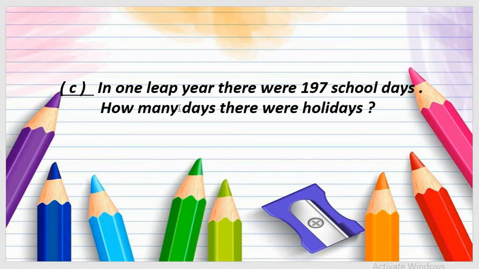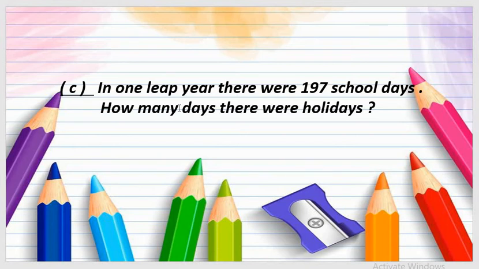Every 4 years, one leap year comes. After 4 years, one leap year, and a leap month also comes. So a leap year means 366 days. Okay, so we have got this information.